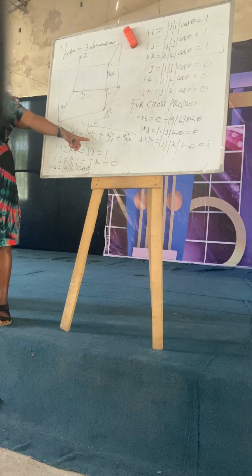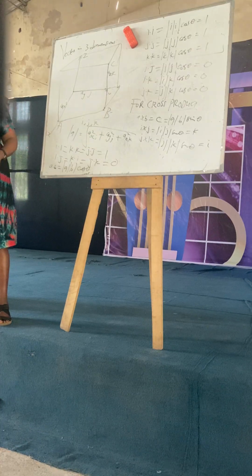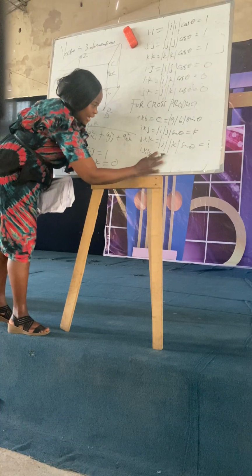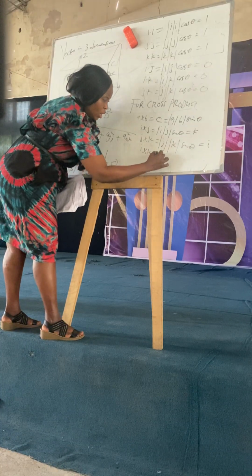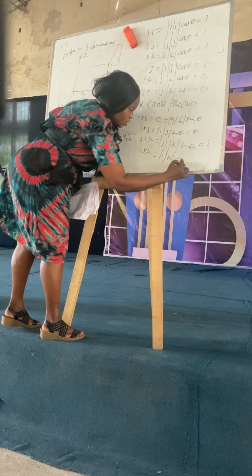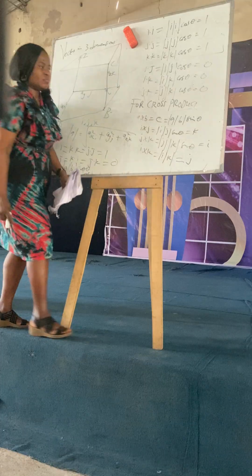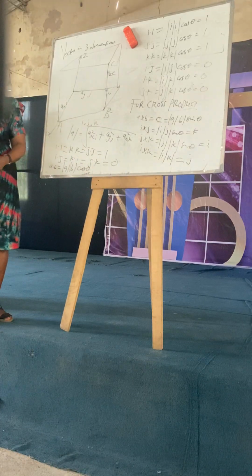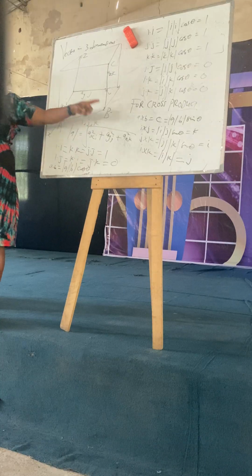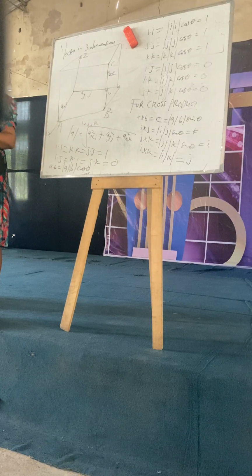Which one have we not written? I and K. Modulus of I cross K gives modulus of I, modulus of K, which is equal to J. From this, the cross product of those vectors will give you another vector. So in the unit vector, the cross product gives you K and the rest of them.